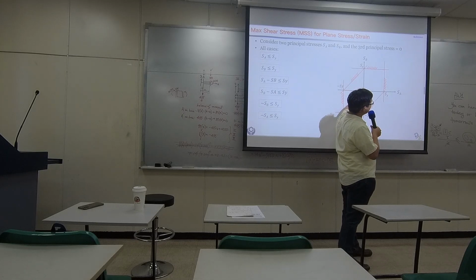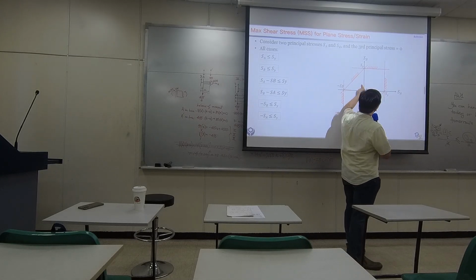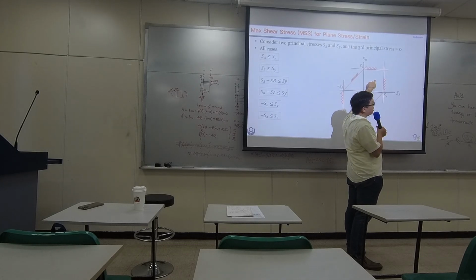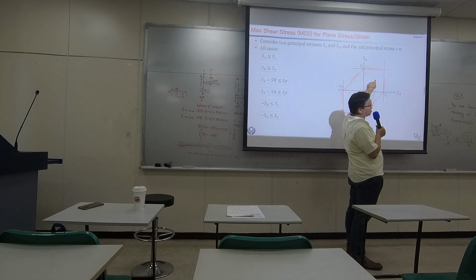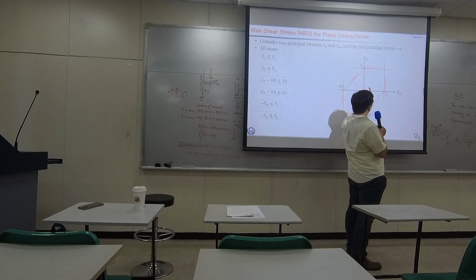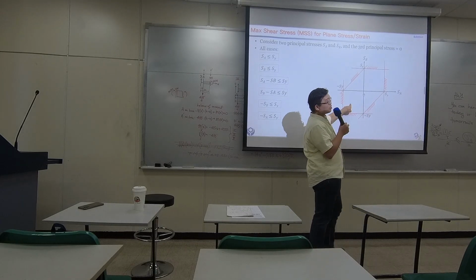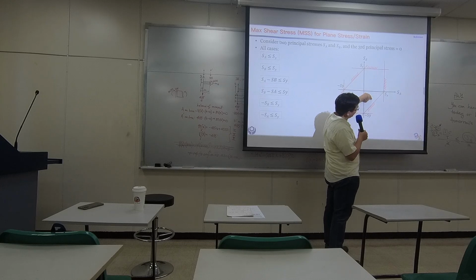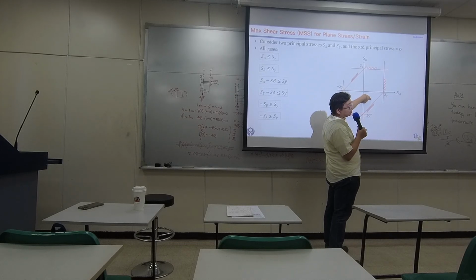And if you enlarge your load, you could be going any direction. If you go this way, that means your SA and SB are both positive, so you have tensile stress along both directions. If you go this way, that means both directions are compression. If you go this way, that means one of your directions is tensile, the other one is compression.